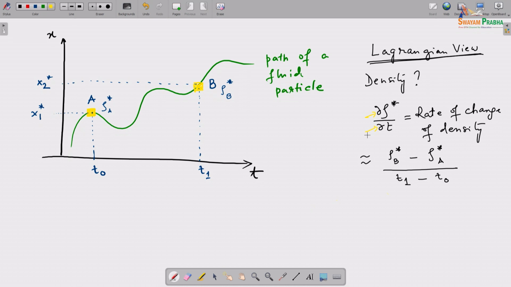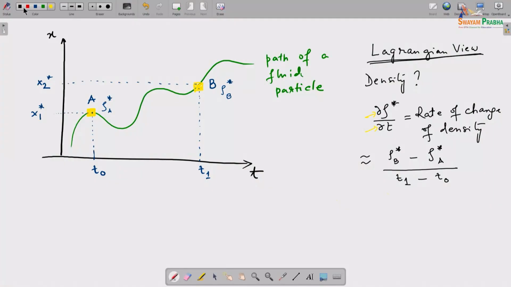So at this point, how is this going to be different if I take an Eulerian view? Instead of following a particle, I look at the domain as a whole. In that case, how will this definition change?